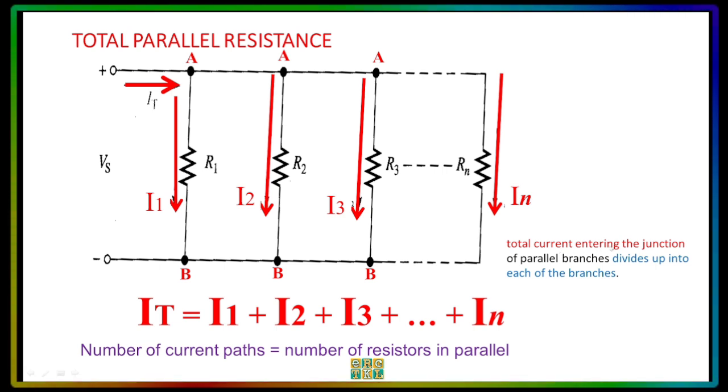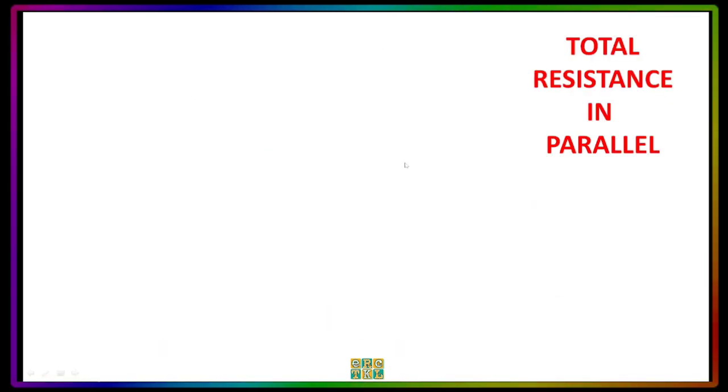So the total current entering the junction of the parallel branches, remember that a branch is like R1, this is one branch, R2, one branch, R3, up to Rn, will be divided into each of the branches.